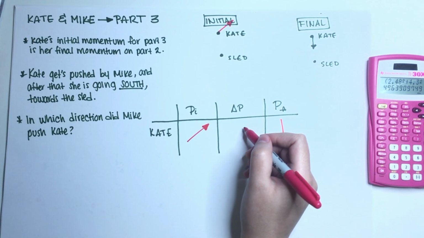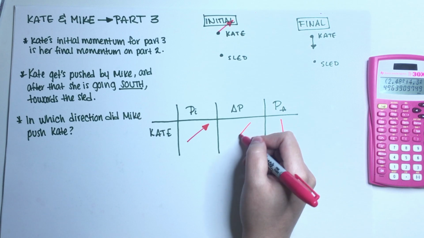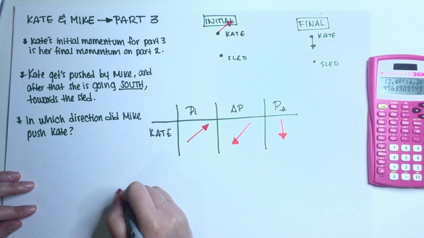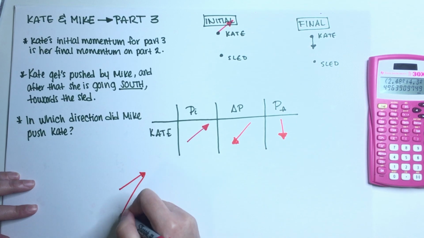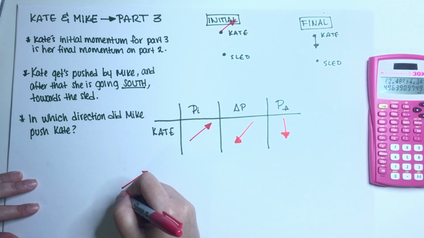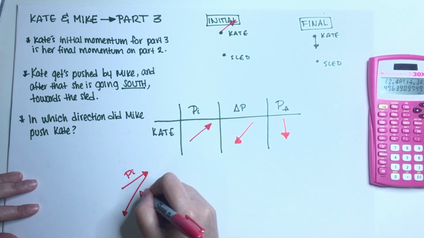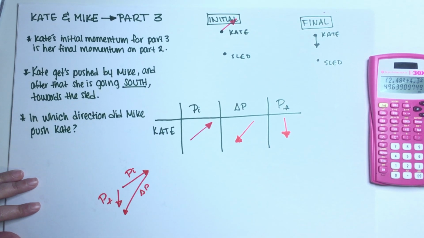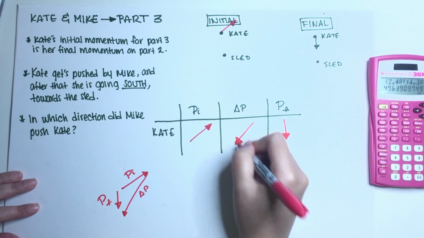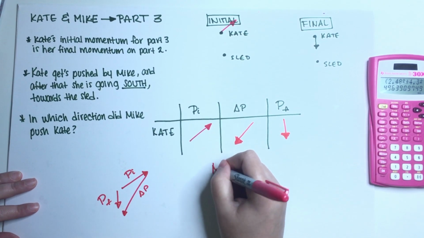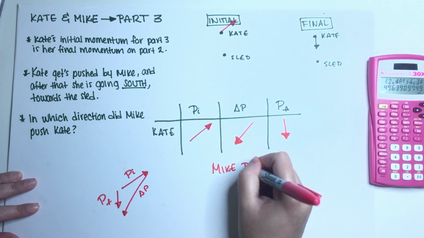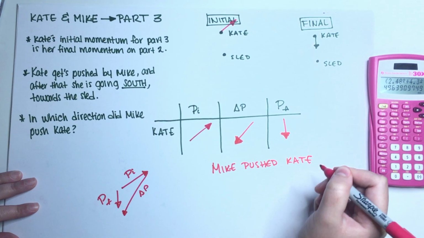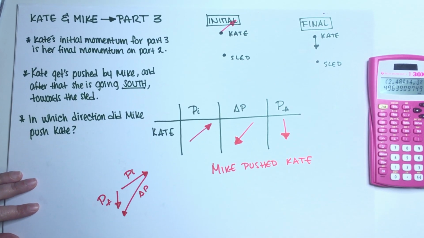Mike actually pushed Kate in this direction, so that if you do your vector addition, you get initial, delta, and a final going down. So there we go. So the final answer is that Mike pushed Kate southwest.